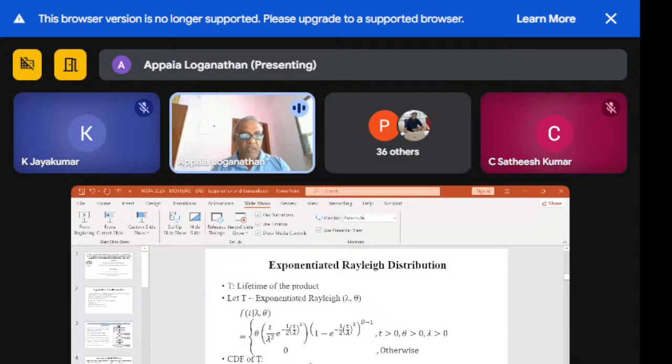In fact, 1 minus e to the power of minus half times (t over lambda) squared is the cumulative distribution function of the Rayleigh distribution, and its power is raised to the parameter theta, which generates the exponentiated Rayleigh distribution. In fact, the distribution is defined based on the cumulative distribution function first. From that, the probability density function is derived next.